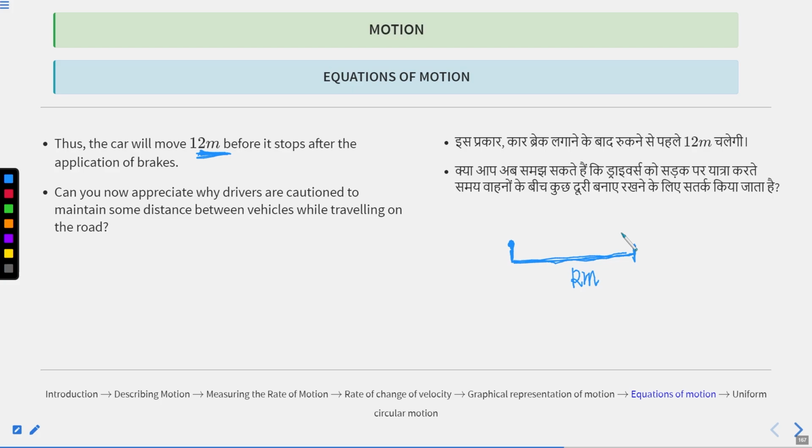Then we learned about the graphical representation of motion, and in the end we studied the three equations of motion: v equals u plus at, s equals ut plus half at square, and v square equals u square plus 2as. These are the three equations of motion. And from here, our motion in a straight line part is completed.